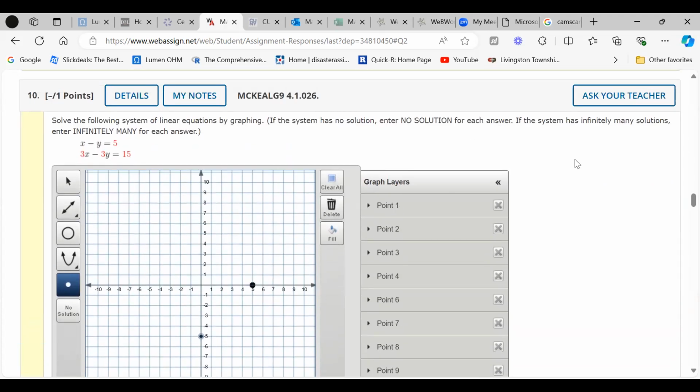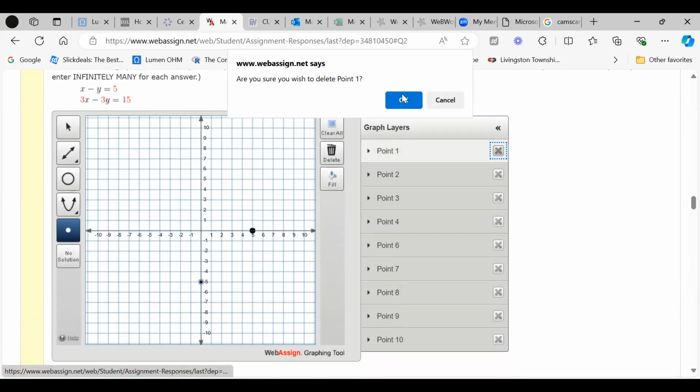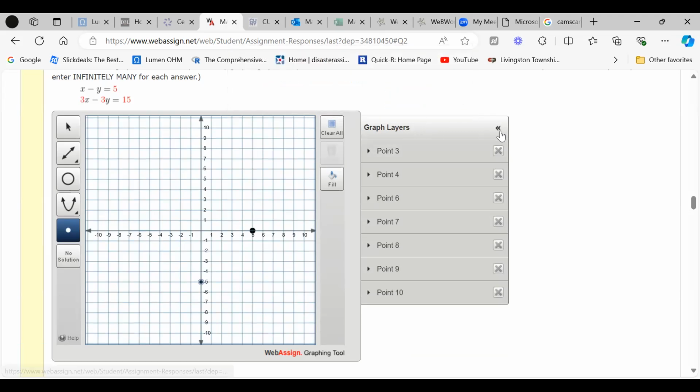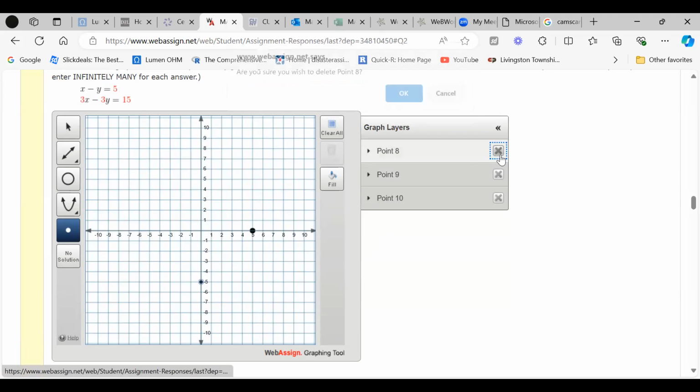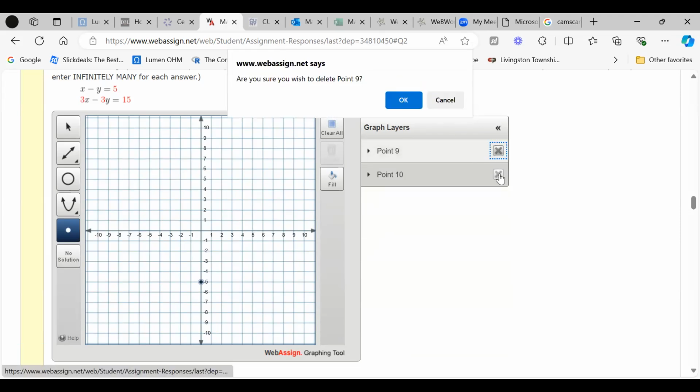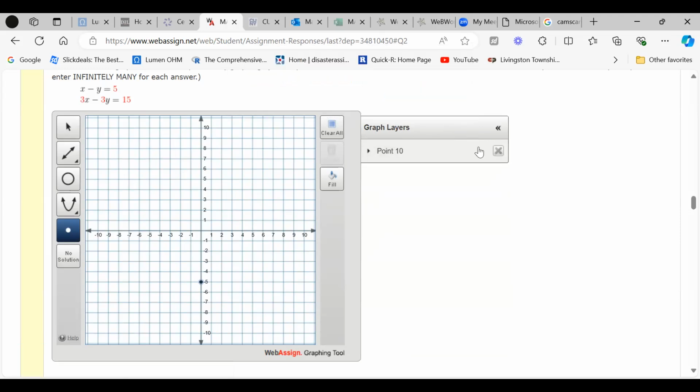I think you gotta double click the arrow. I'll double click there. Okay, very good. I probably gotta delete all these points. I haven't used this system for a long time. Back in the day we used this system, but now I'm just using open source software, so I barely use this.